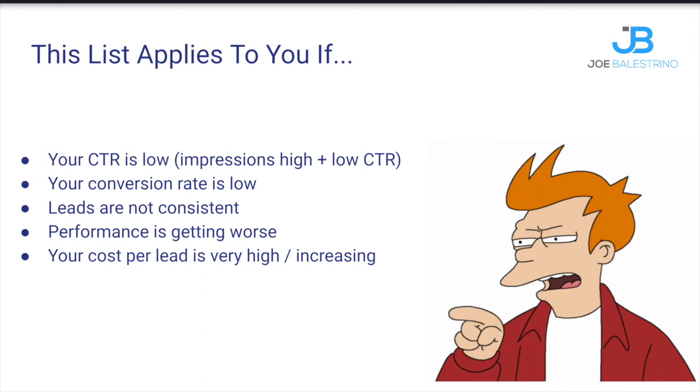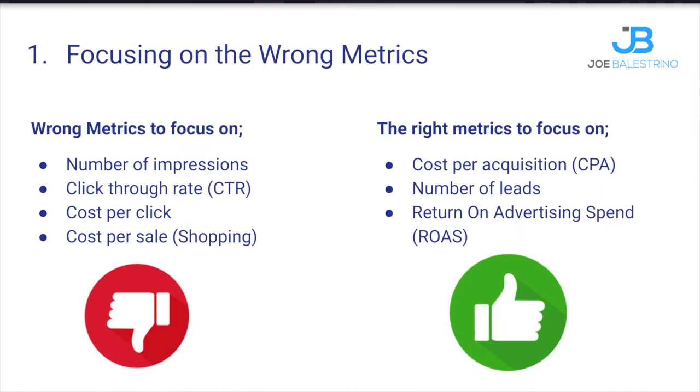The leads that you are getting are not consistent, and your performance is getting worse over time, so the cost is constantly increasing and the number of conversions is declining. Those kinds of things lead to problems that we'll address in this video. And then your cost is high and increasing over time, or your click-through rate is decreasing over time. Any combination of those, this video is for you.